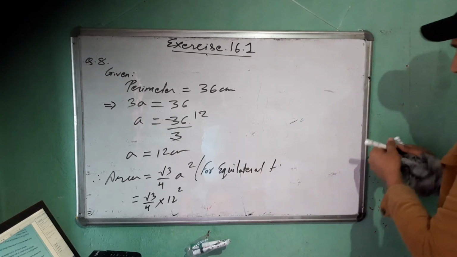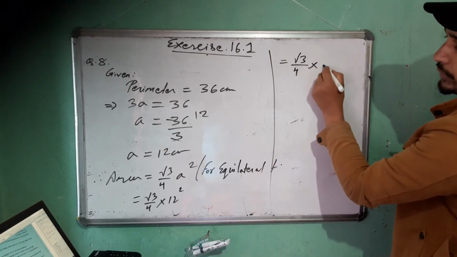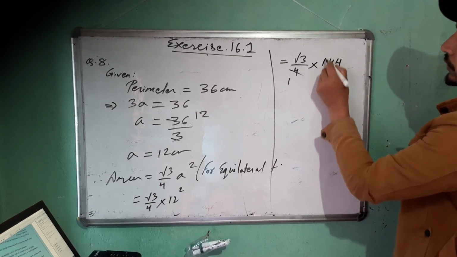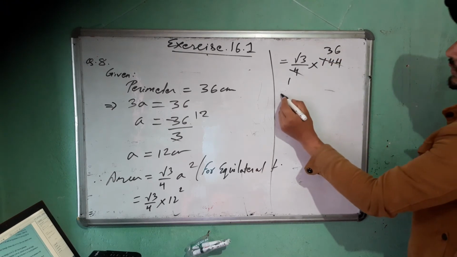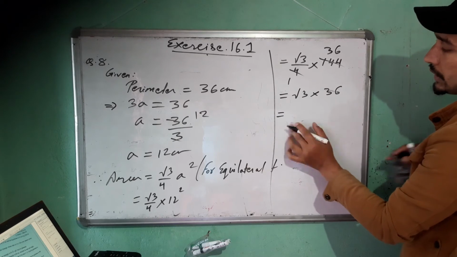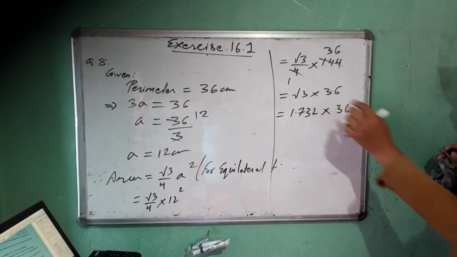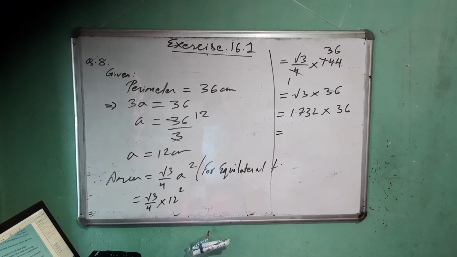So area will be equal to root 3 by 4 into 12 square, which is 144. So cancel it. 4 1s are 4, 4 3s are 12, 4 6s are 24. So root 3 into 36. Put the value of root 3. Root 3 means 1.732 into 36. The value of root 3 is 1.732. So multiply this and you'll get the answer.